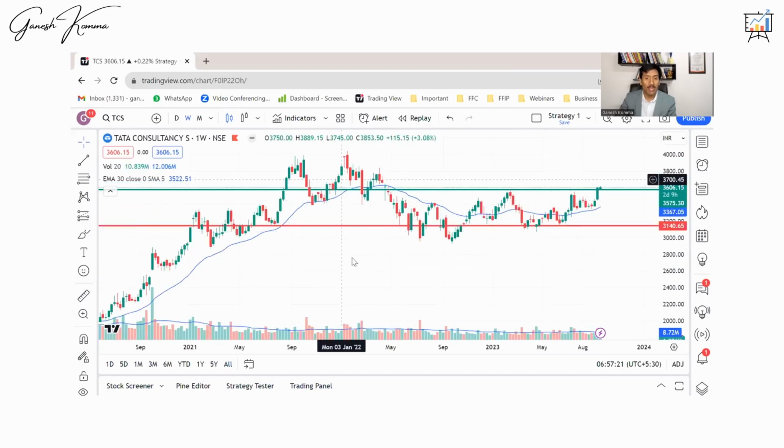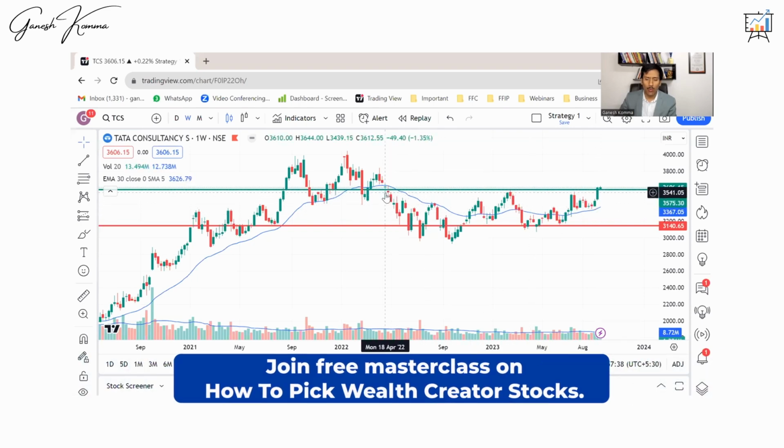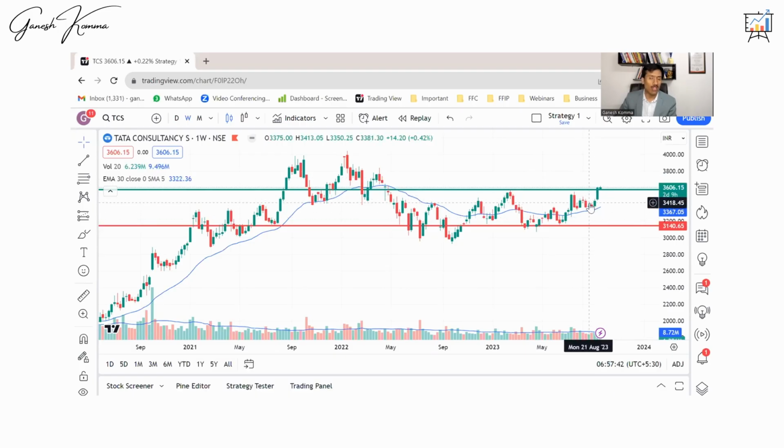Even under the weekly time frame, it has given you a very good breakout now. April 2022, it was at around 3,600 levels. Now again, after 1 year, it's breaking out and it's above EMA 30.